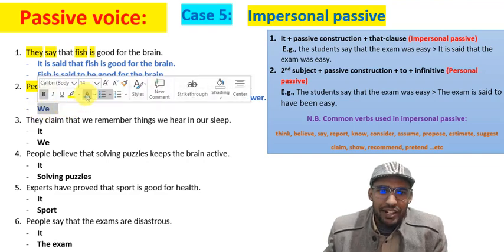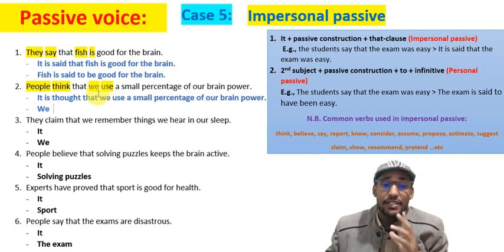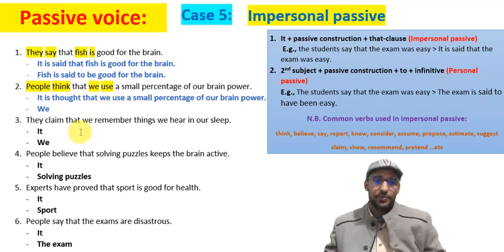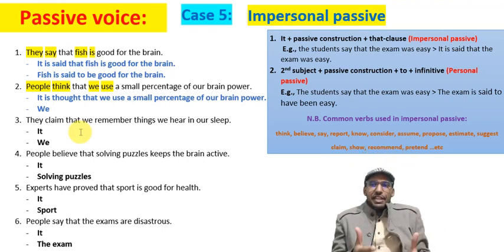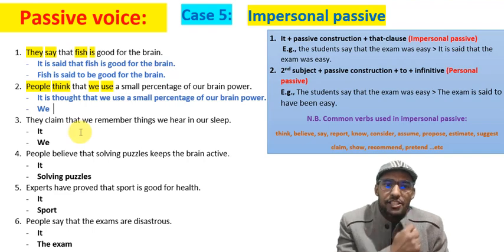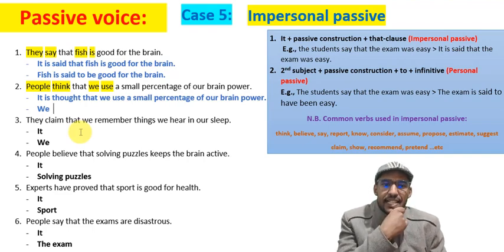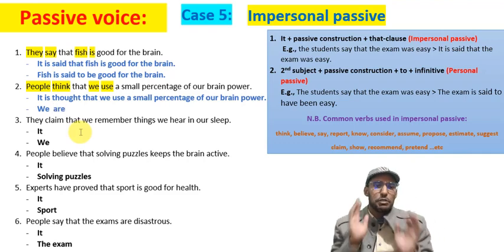Now we are supposed to start with the second subject, which is we, right? Again, we have here think. This is our reporting verb, or our introductive verb. It's in the present simple, so we say we are, the verb to be in the present simple.